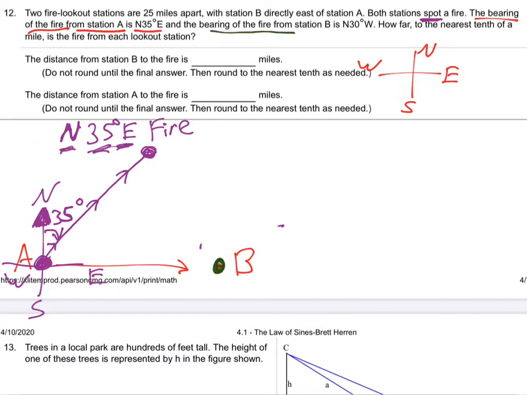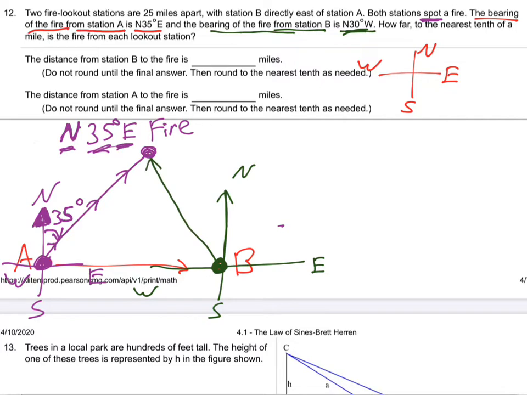The bearing of the fire from B is north 35 west. Let's put an axis system right here at B. And again, north, south, east, and west. Now from B, it's north, but not straight north, 30 to the west of north. So that means this angle is 30 degrees because it's 30 to the west, right?